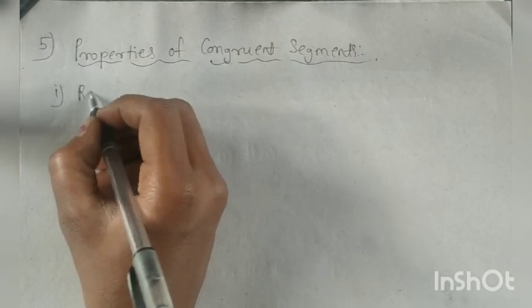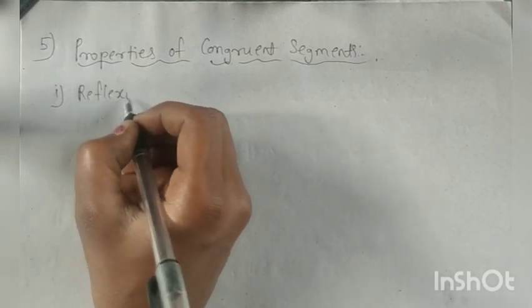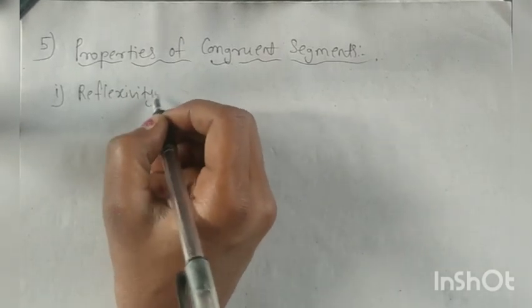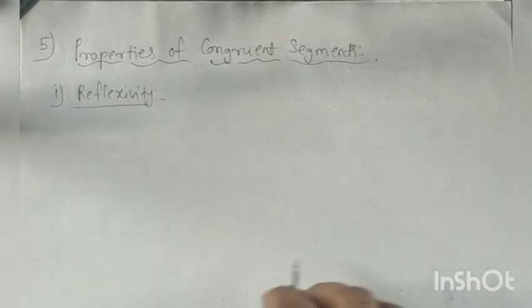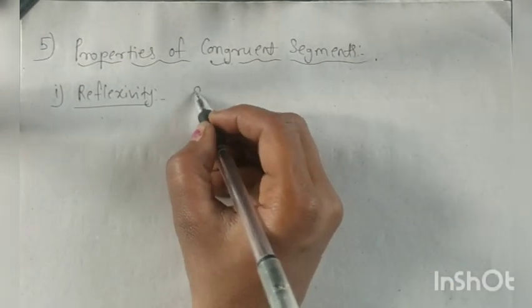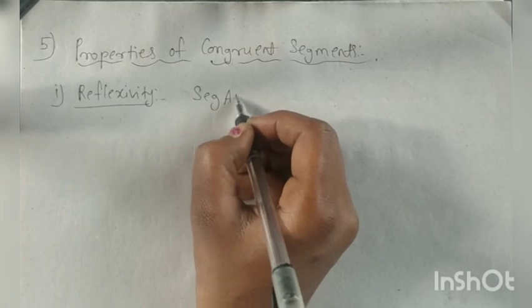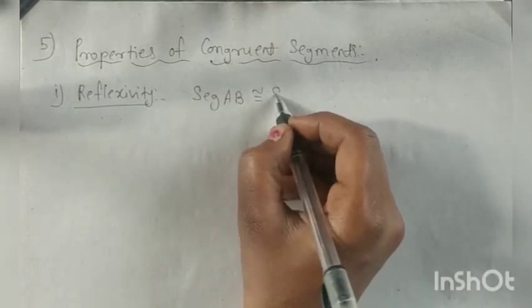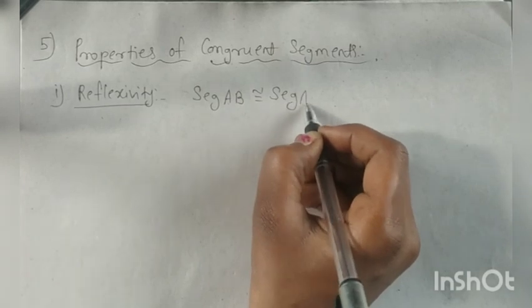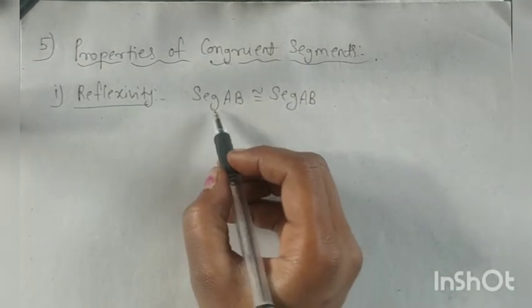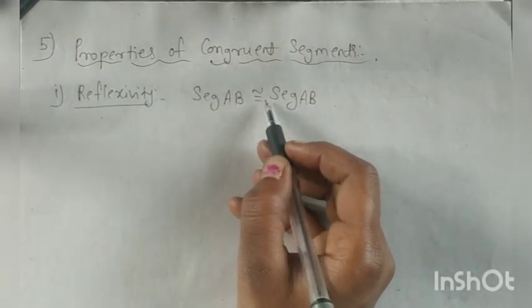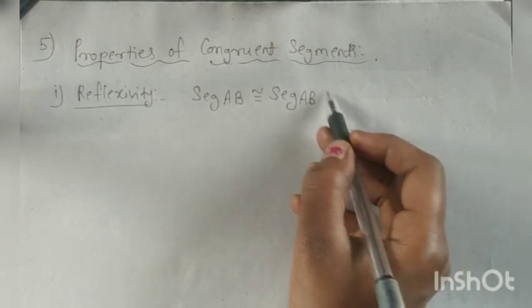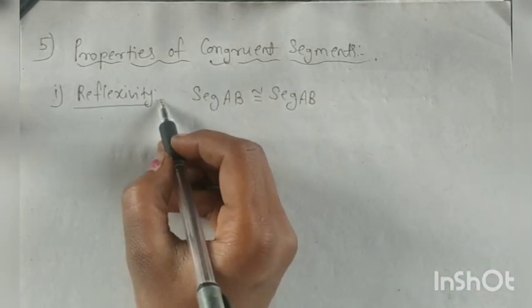First one, reflexivity: segment AB is congruent to segment AB. This is called reflexivity.